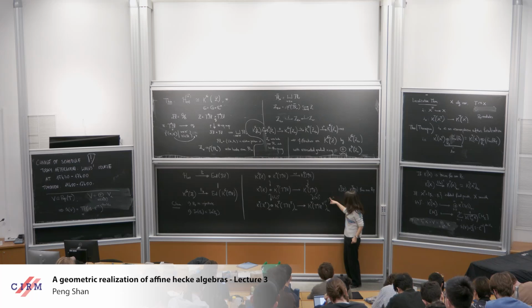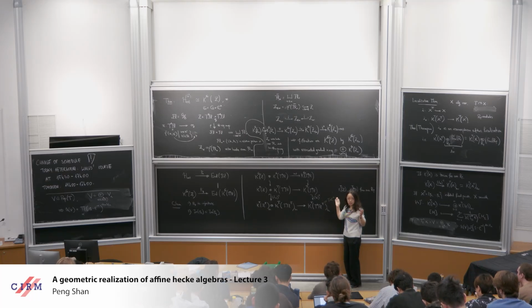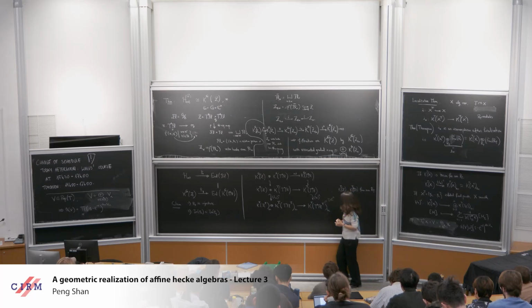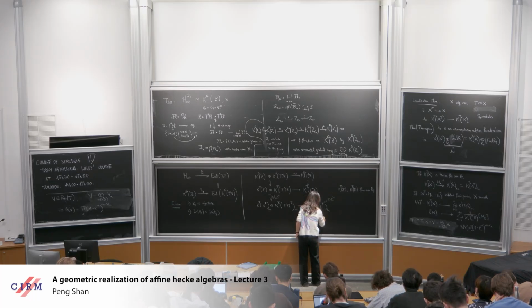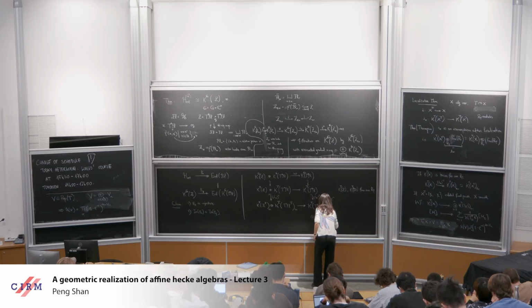And so if you take the fixed points, then the C star fixed points will stay in the flag variety itself. And now the T fixed points in the flag variety is just indexed by the Weyl group. Okay. So this is nothing but a direct sum of K_T of a point, so I would just write W, for W in W.